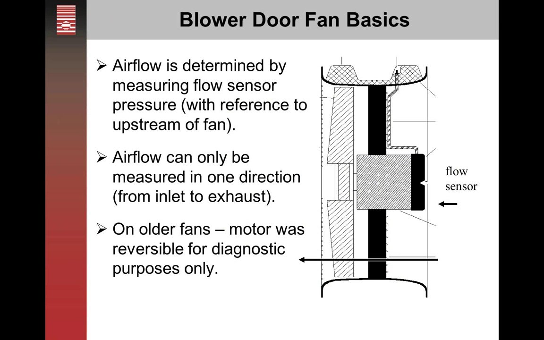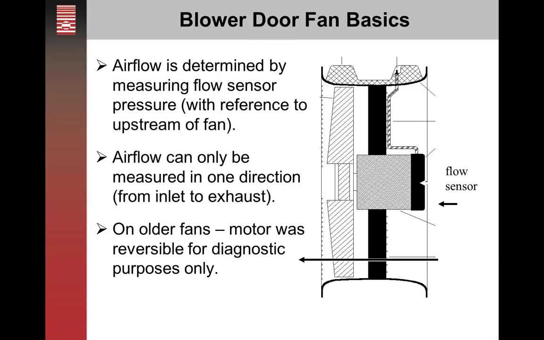Now, airflow is actually determined by measuring the flow sensor pressure. The drawing on the right-hand side is a cross-sectional image of a blower door fan. On the very far right, you'll see the flow sensor. This is mounted on the back of the blower door fan motor.